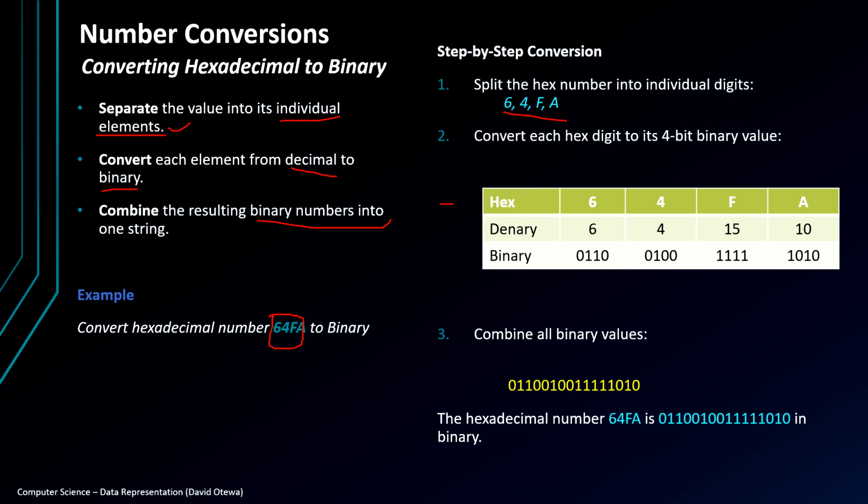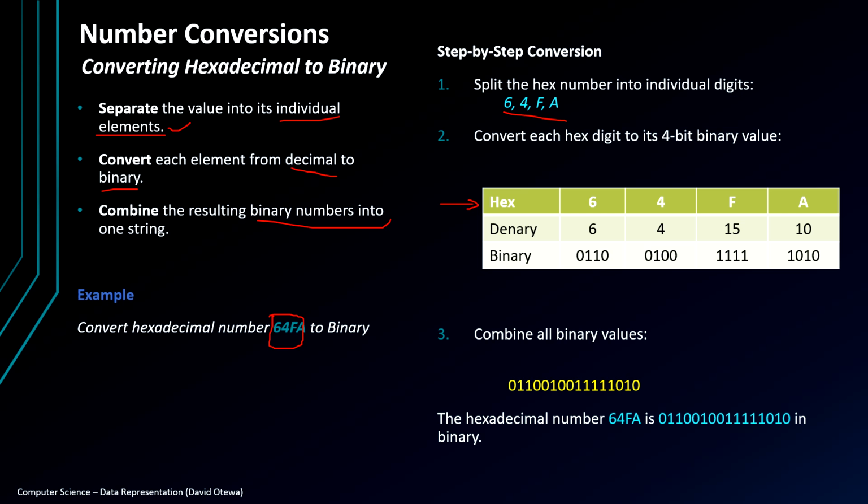So what we have been given is hexadecimal, 64FA. Now 6 in hexadecimal is 6 in decimal. 4 in hexadecimal is 4. F in hexadecimal is 15.